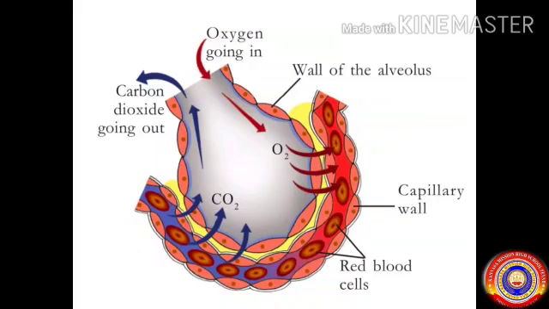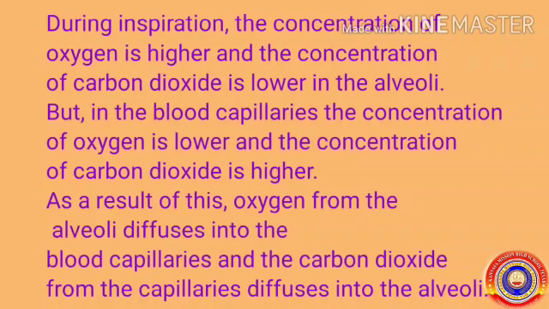Look at the concentration gradient of the respiratory gases and exchange of gases in alveoli. During inspiration, the concentration of oxygen is higher and the concentration of carbon dioxide is lower in the alveoli.